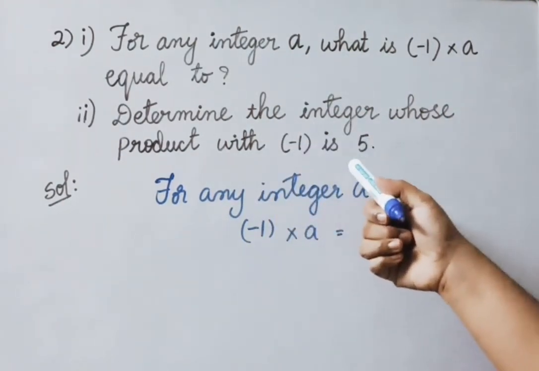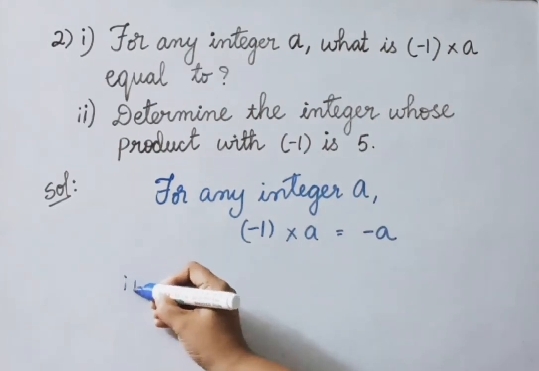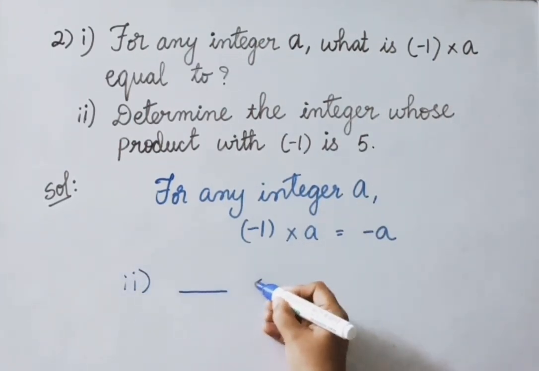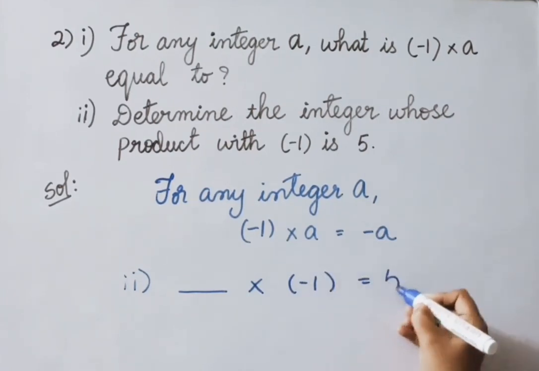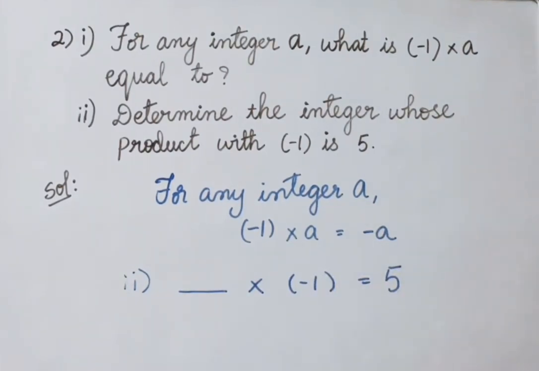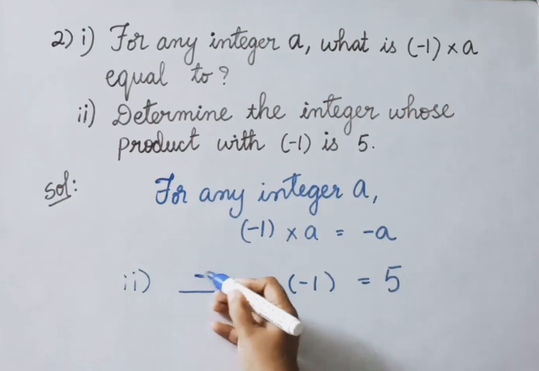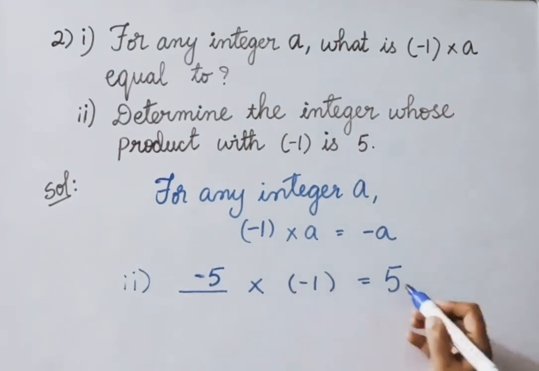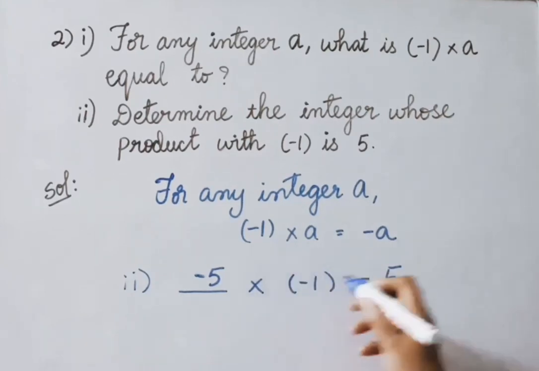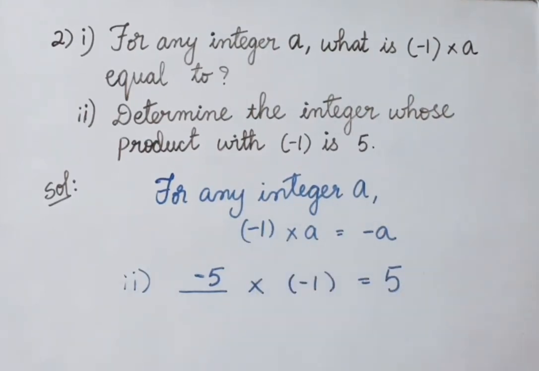Determine the integer whose product with minus 1 is equal to 5. With what number when you multiply by minus 1, you will get the answer 5? That is minus 5. Two negative integers multiplied, we get a positive integer. So the answer is minus 5.